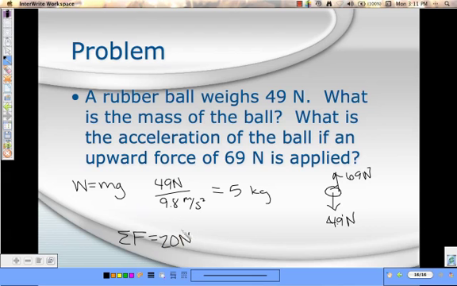So we have a net force of 20. Now if we want to find the acceleration, we use that as equal to ma. So you divide by m: 20 divided by 5. So we'd have 4 meters per second squared. Do you agree? Okay.